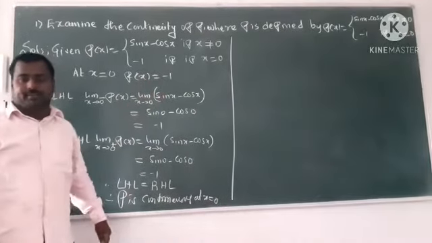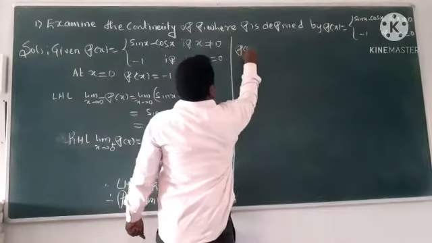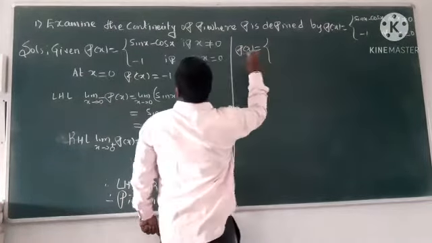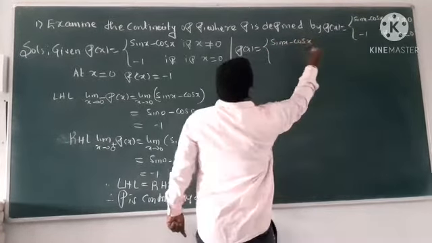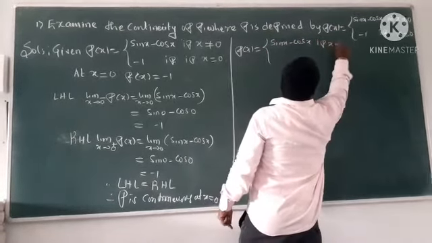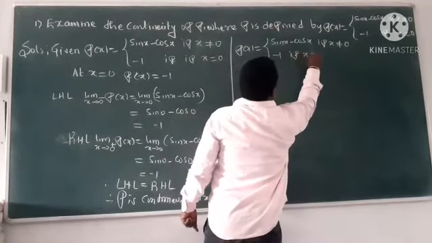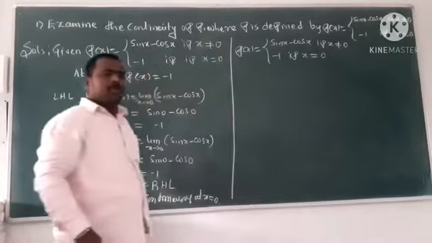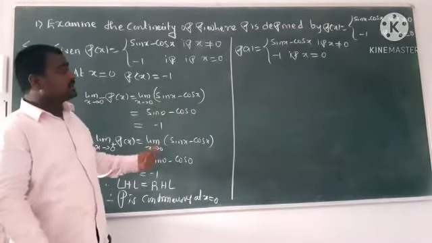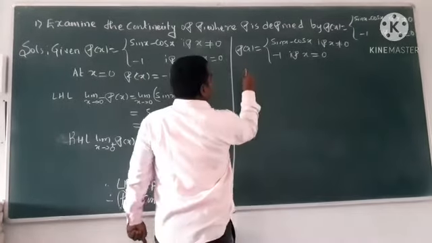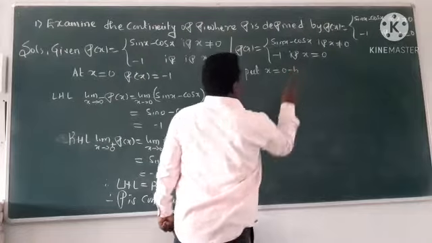Another alternative method is there. Which one is that? f of x is equal to signum function of sin x minus cos x if x is not equal to 0, and minus 1 if x is equal to 0. In this one, sometimes they do not give marks, but most of the time they express it by putting x is equal to 0 minus h.